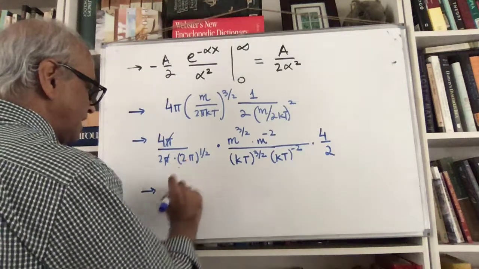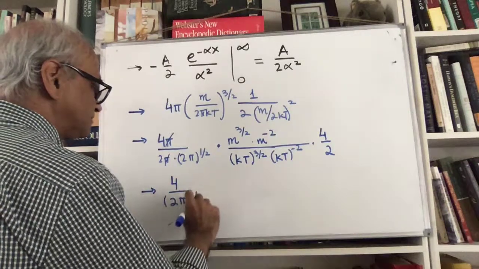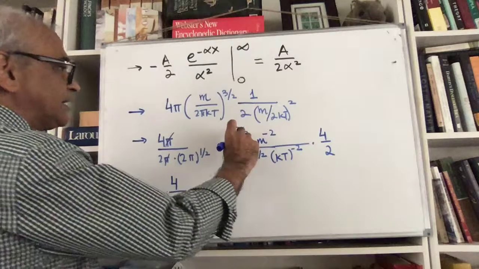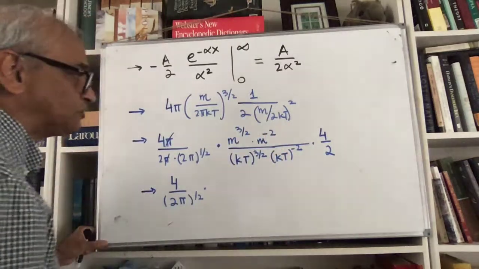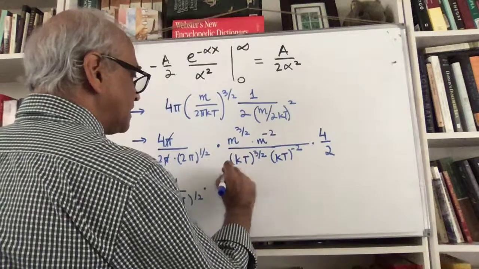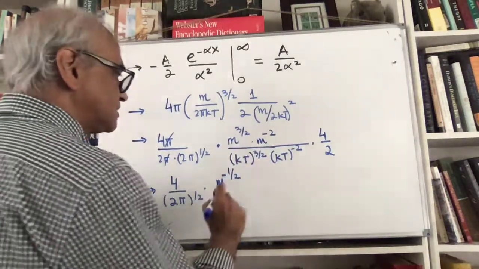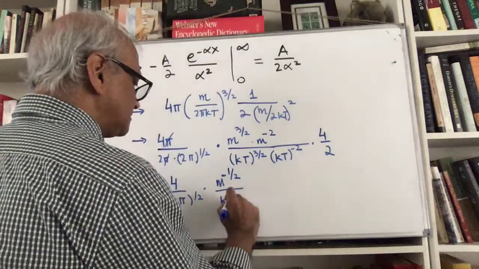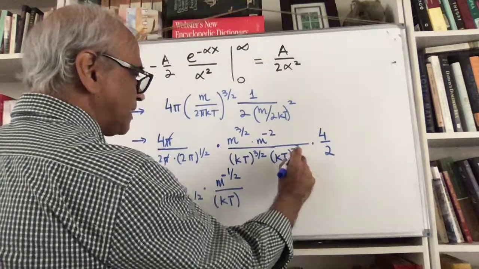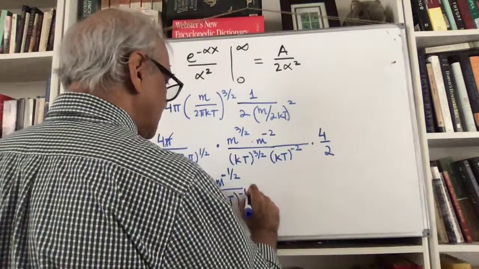Okay, I have a 2 pi to the power half. Keep that there. M to the 3 over 2 minus 2 gives you m to the minus half, actually. And kt to the minus 2 plus 3 over 2 gives you also minus half.